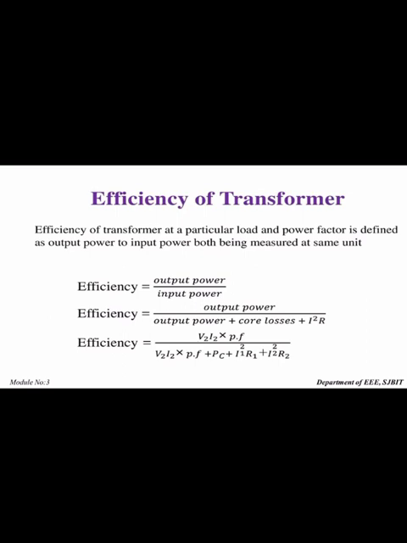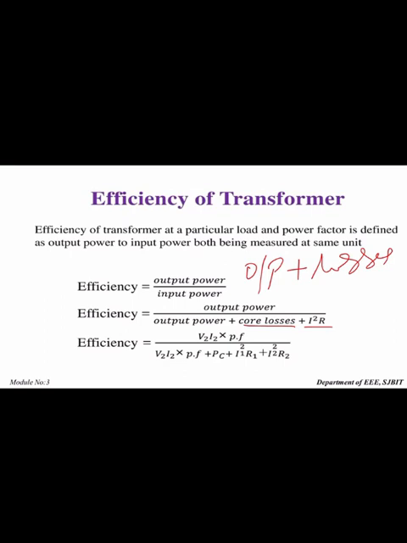The input power is nothing but the output power plus the losses. Losses are of two types, as we already discussed: the core loss and the copper loss. So we can replace the input by output power plus core loss plus copper loss.